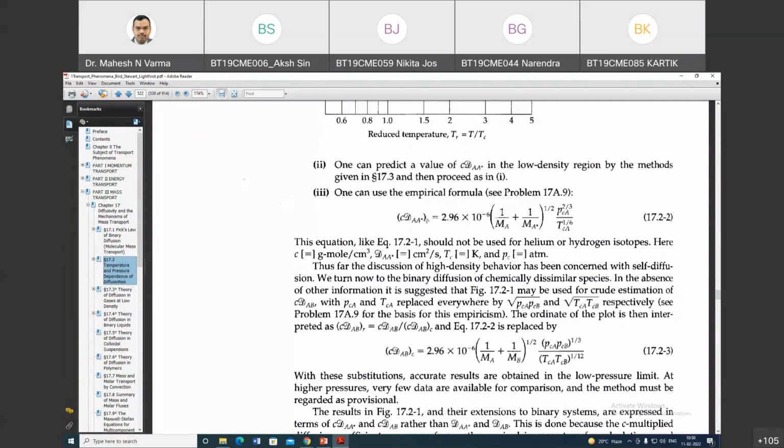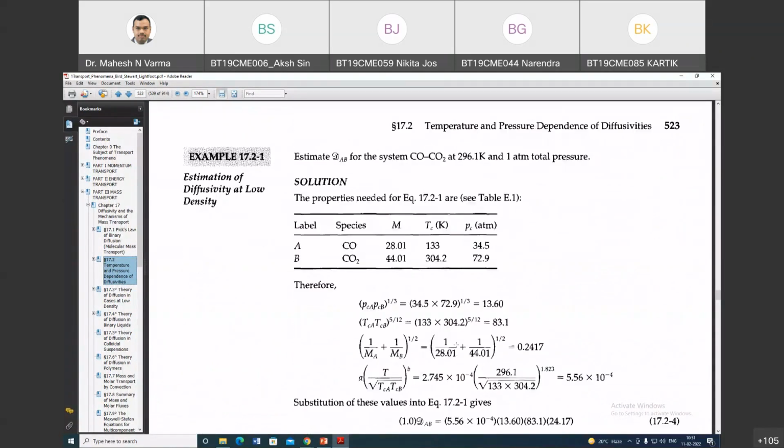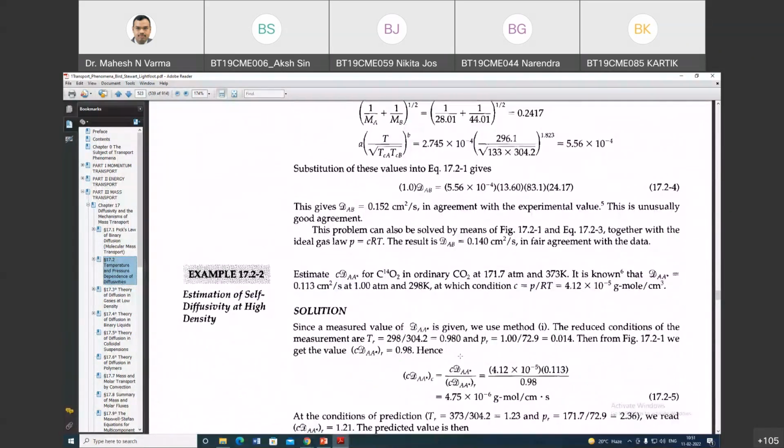At critical temperature and pressure, this is self diffusivity. This is the diffusivity of compound A in B, at critical temperature and pressure. So using individual critical temperature and individual critical pressure, you can get the value of critical diffusivity of one compound in another compound.